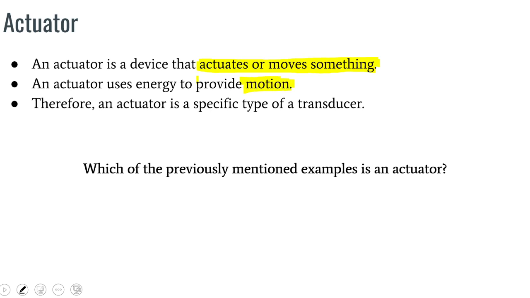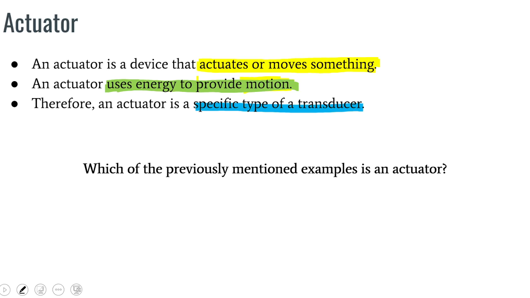Given that it is an energy conversion, so it is using energy to produce motion, what we would identify here is an actuator is a specific type of transducer. Depending on the type of actuator, it would come under one of the categories of transducer.